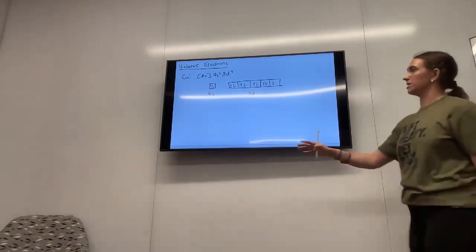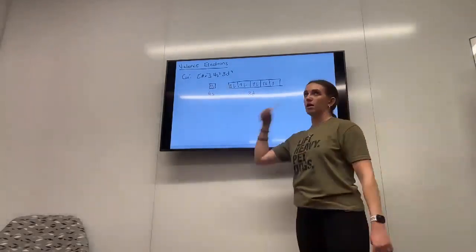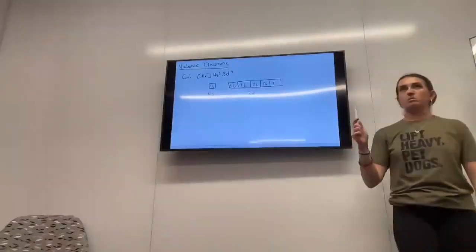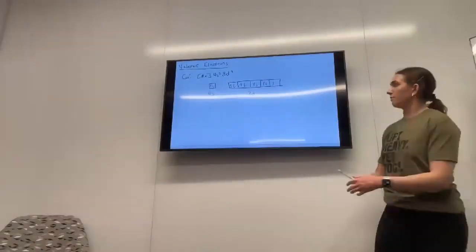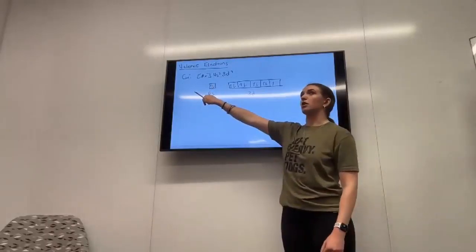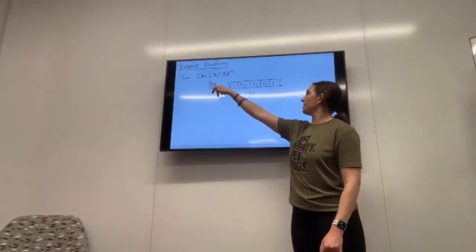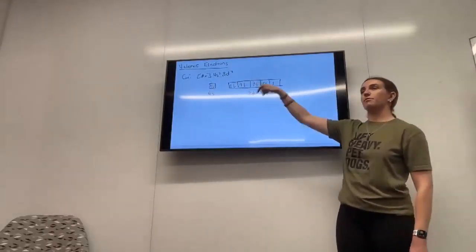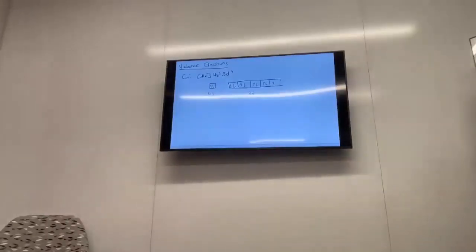Okay, so when we get to this 4S 3D area, it's actually going to be more energetically favorable for this 4S, at a lower energy, to be unpaired, and then fill our entire D paired. So this down electron here is actually going to bump up to this guy here.